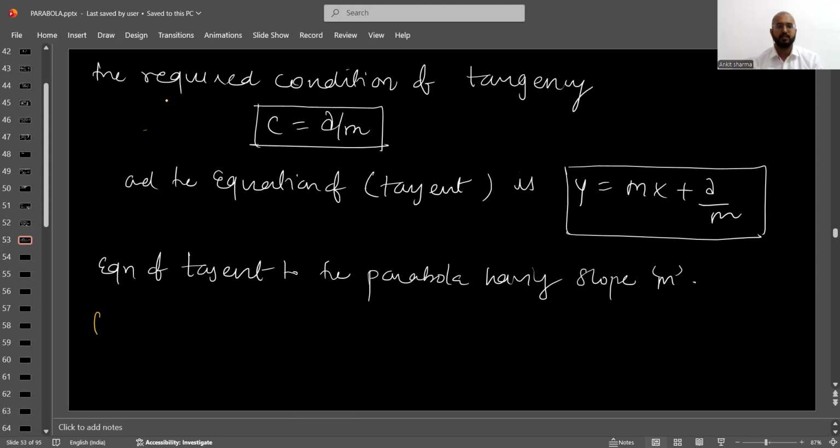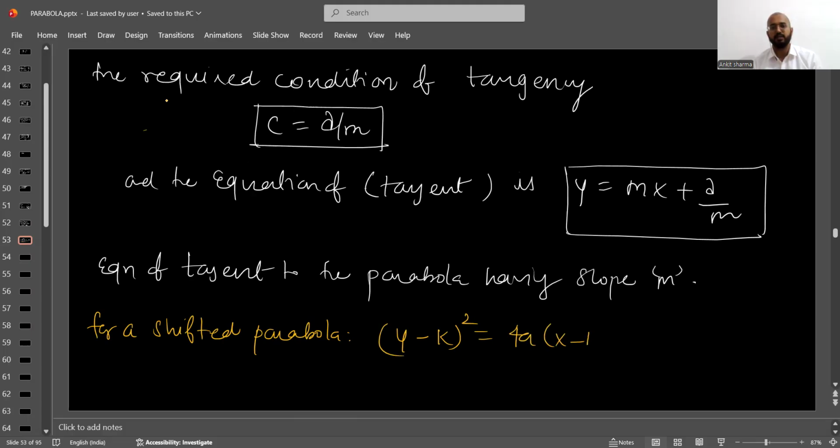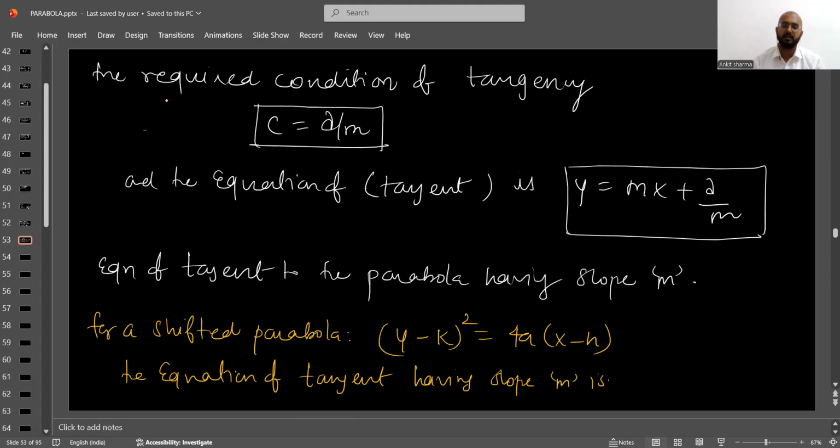So what if my parabola is shifted? For a shifted parabola, that means if my parabola is y minus k square is equal to 4a into x minus h, the equation of tangent having slope m is, we know the usual method, we call y minus k equal to capital Y and x minus h equal to capital X, and just simply at the end add this shift h, k.